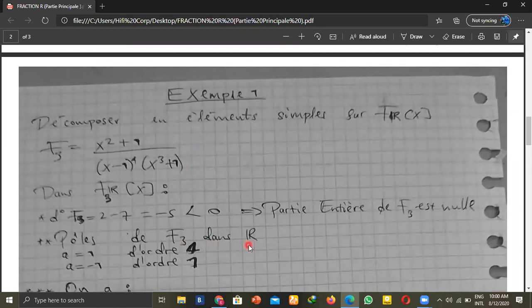And then they pose the F3. So first of all, is all of this decomposed? Mulenga, is it decomposed in R? The denominator here, is it decomposed in R? Just this.